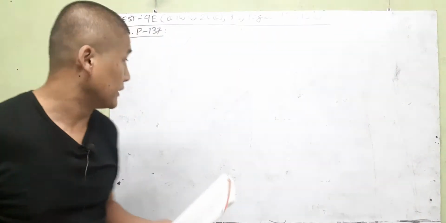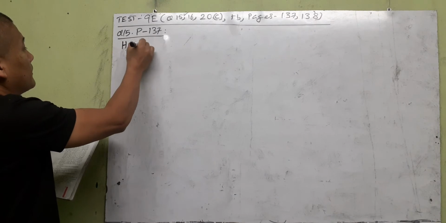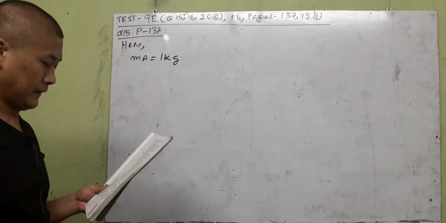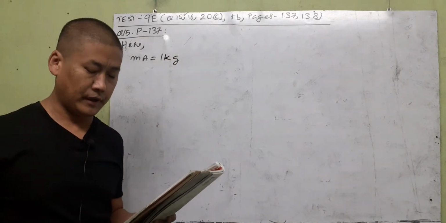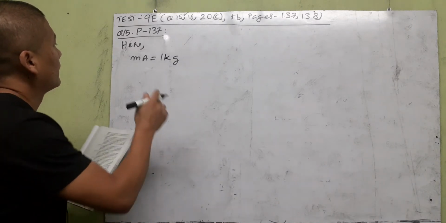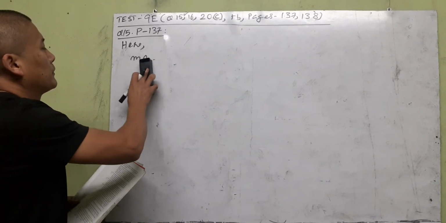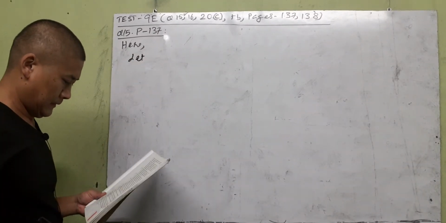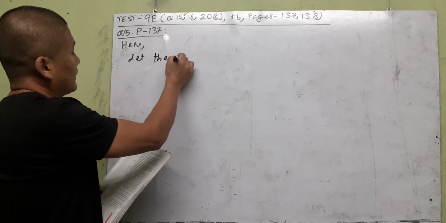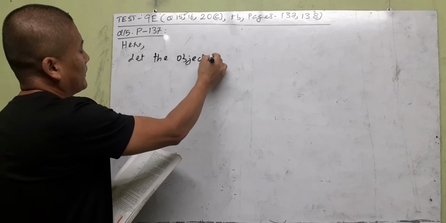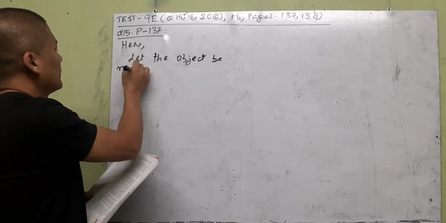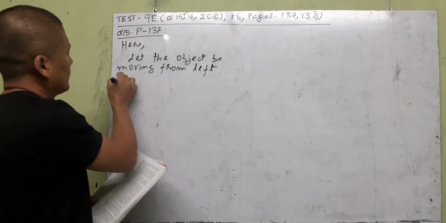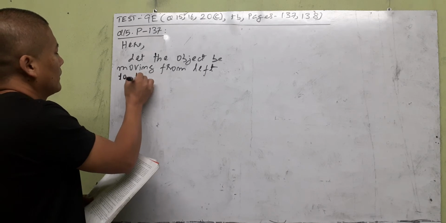An object of mass 1 kg. So here, let's take the mass of the first object, MA, 1 kg, that is fine because it's in SI unit, traveling in a straight line. Before that, maybe we can, which is not absolutely necessary as I've been saying, but let us say here, let the object that is moving, assume, be moving from left side to the right.